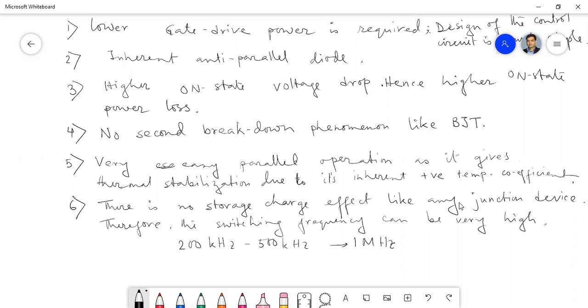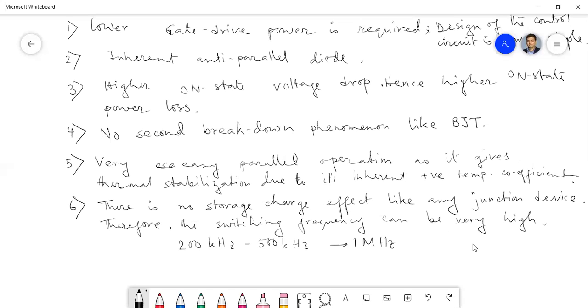You do not get any device in power electronics or in electronics which can give you 1 megahertz switching frequency. That is a unique feature of power MOSFET. Is that clear?